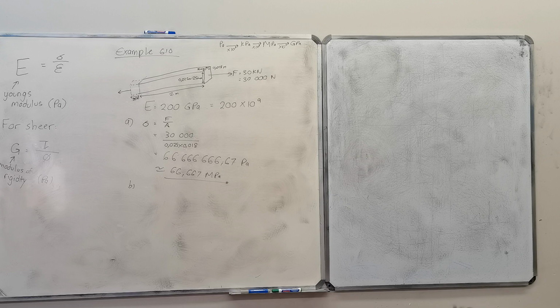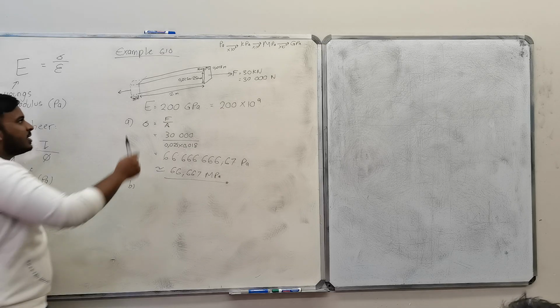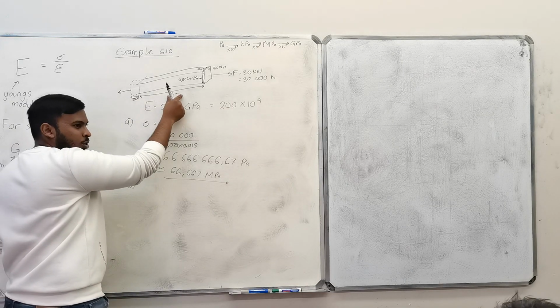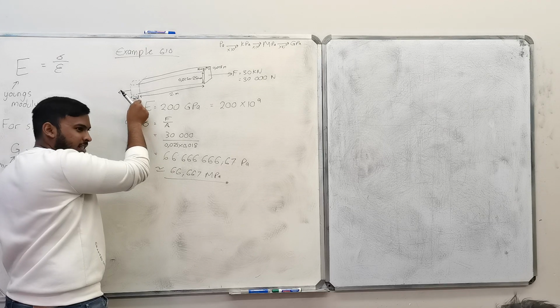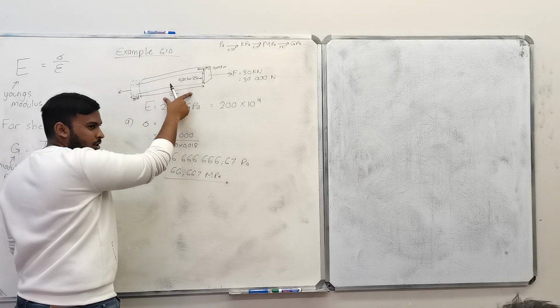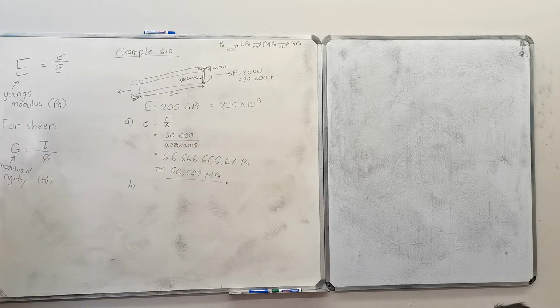Its final length would be delta x plus 2. So we need to get delta x to be able to work that out based on the information we have. Delta x is used in what?